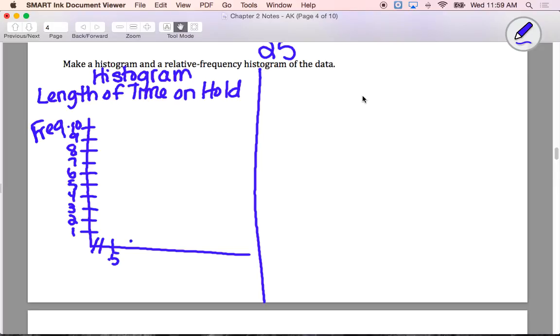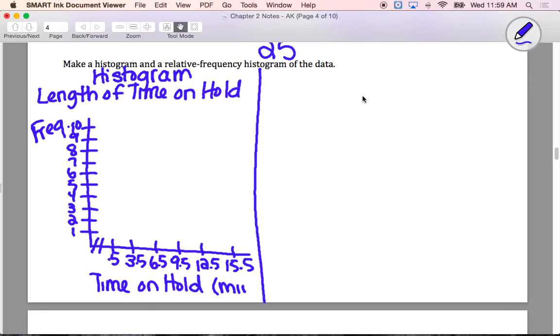I've got 0.5 to 3.5 to 6.5, 9.5, 12.5, 15.5. Now sometimes I cannot space these out very well, but they should be the exact same spacing for each one. You should have the same bar widths for each one. Now for my label, it's going to be time on hold, and it was in minutes.